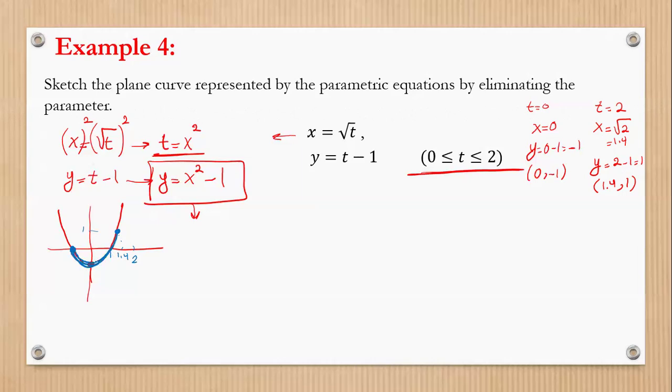So this blue one is the graph of the equation, and that's the direction. So for graphing this one, I only need from (0, -1) to (1.4, 1), and I know that it's going down to negative 1. That's the graph of these parametric equations.